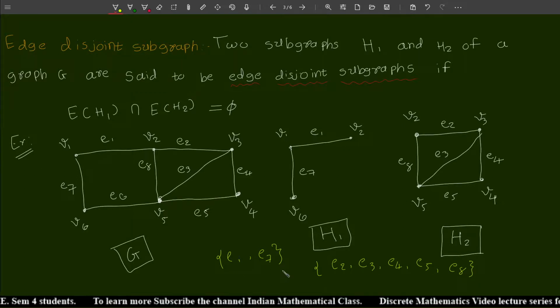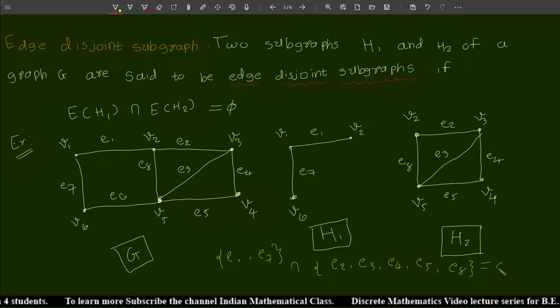If I take the intersection of both the sets, I will get an empty set. Why? Because they don't have any edge in common, so the intersection of both the sets will be an empty set. So by the definition of edge disjoint subgraphs, these two subgraphs H1 and H2 are edge disjoint subgraphs.